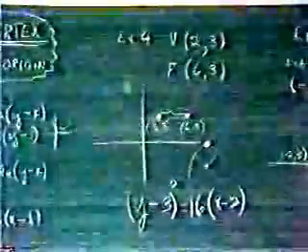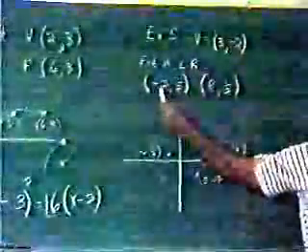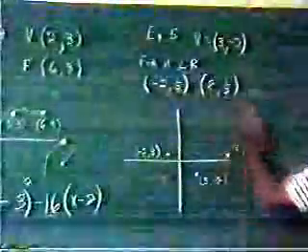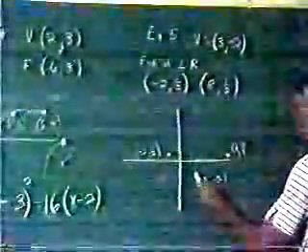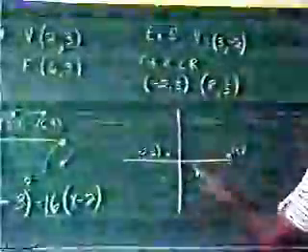All right, looking at example 5. Example 5 says that the vertex is at the point (3, minus 2). The ends of the latus rectum are (minus 2 1/2, 8 1/2). So let's just plot that and we'll get a good picture of what's happening. Plotting (3, minus 2) and (minus 2 1/2, 8 1/2), that says this thing is like this.